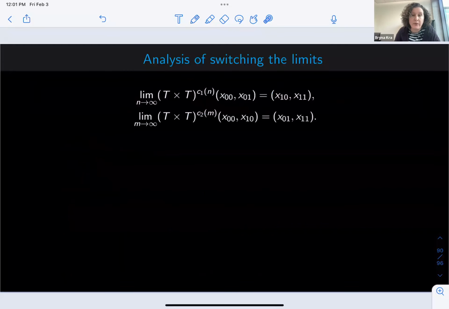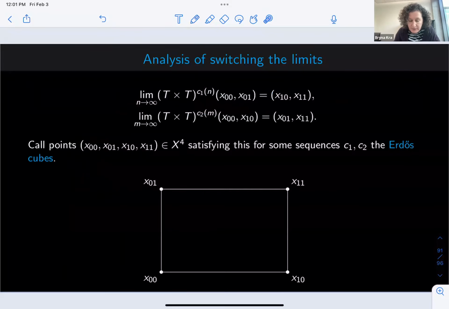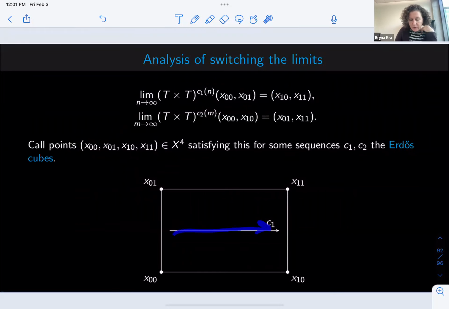So let me give you another picture of this, because this is an important idea: we're looking for points. We have to prove that they exist. These are the points that look like X00, X01, X10, X11, such that when you go in one direction, the C1 direction along this way, you're moving these 2 points over to these 2 points.